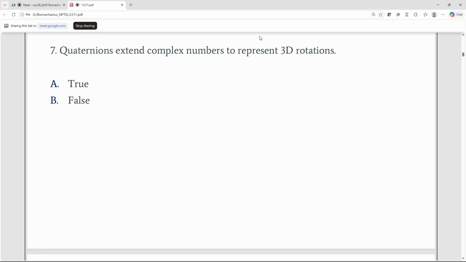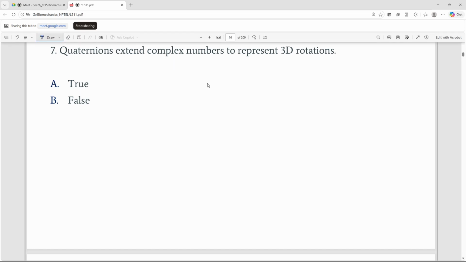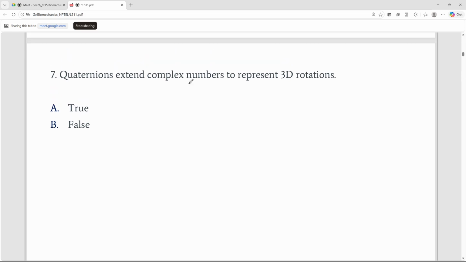So the statement is false. Next question. Quaternions extend complex numbers to represent 3D rotations. Options are option A, true, option B, false.